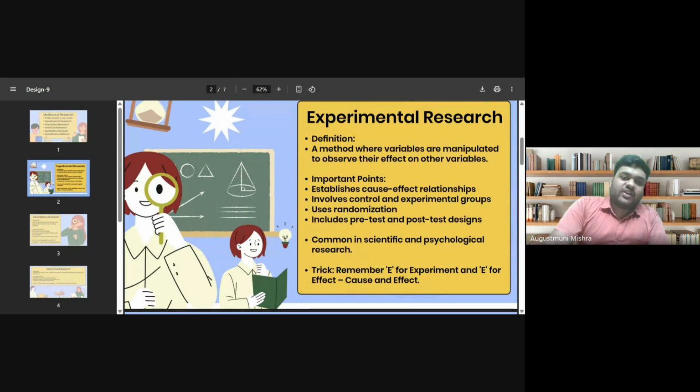Now, I have already discussed pre-experimental research. Under that, what are the things I'm going to discuss? Pre-experiment refers to the experiment for the purpose of comparison.